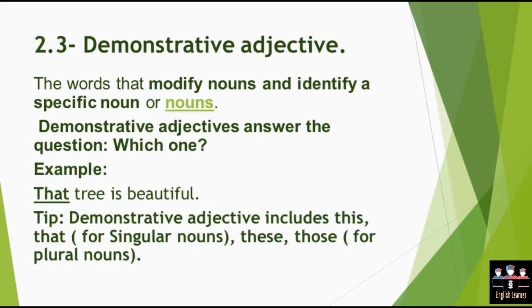Third category is demonstrative adjective. As the name is indicating, the word which is going to demonstrate or point out the quality or the feature of a noun in a sentence will be called a demonstrative adjective.